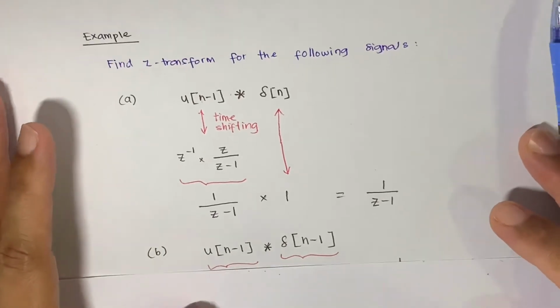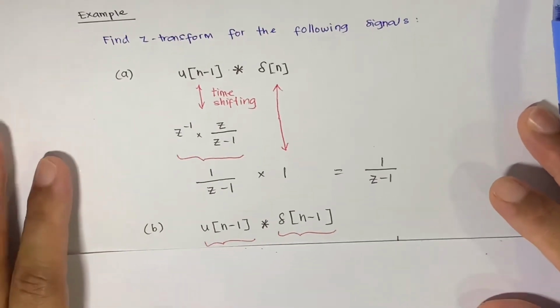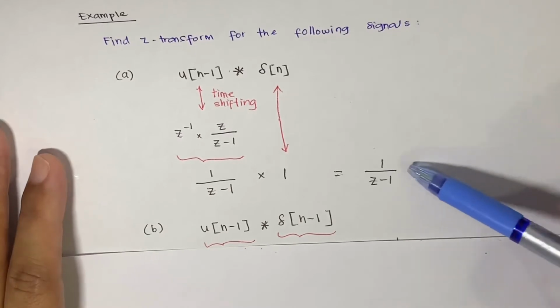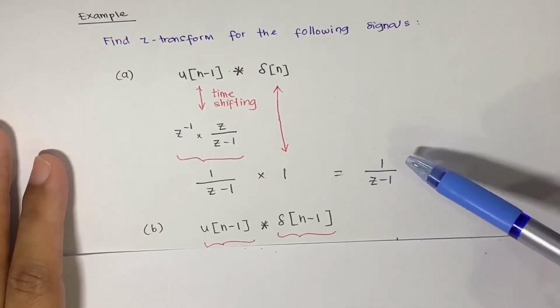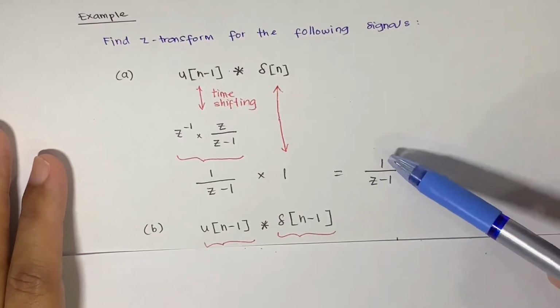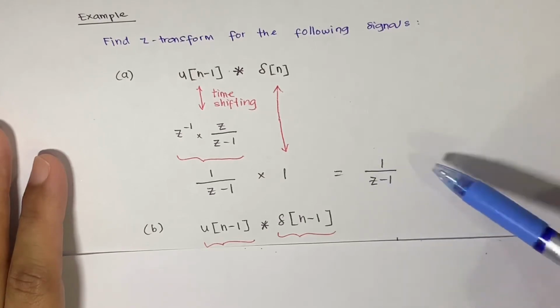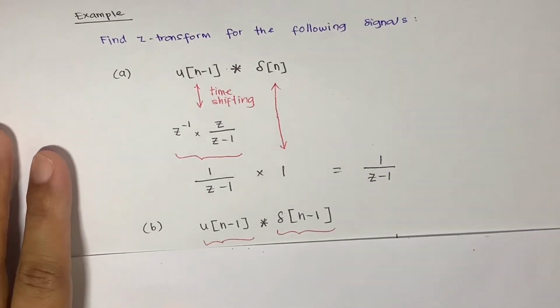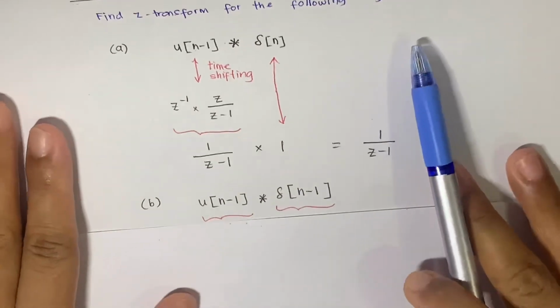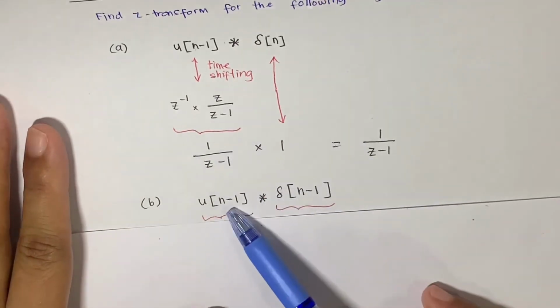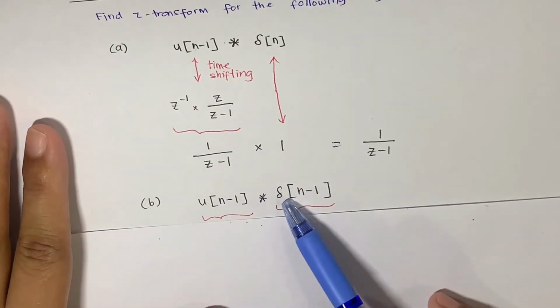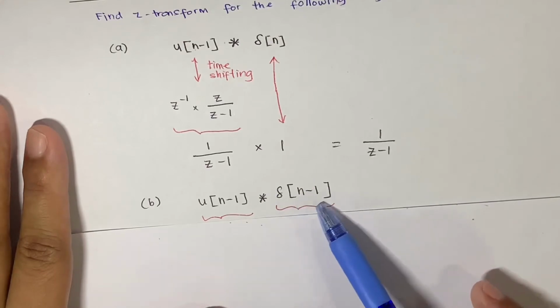For B, I hope you can find the ROC for 1 over z minus 1 by yourself. For question B, u[n minus 1] convolution with impulse[n minus 1].